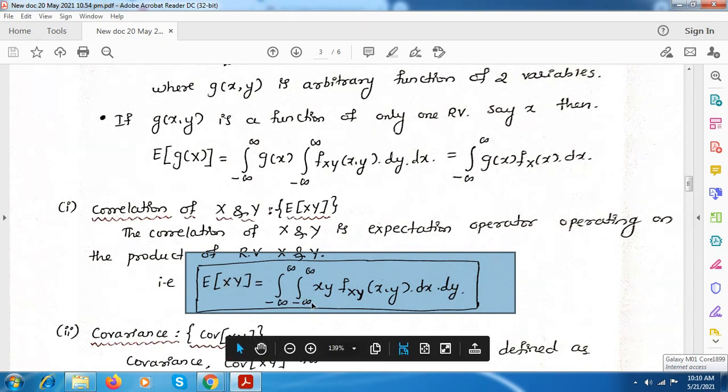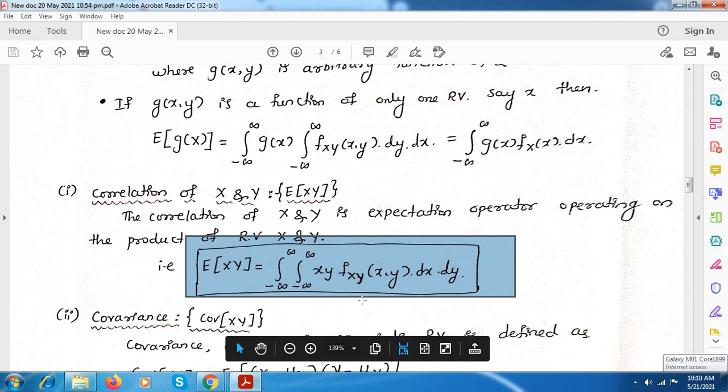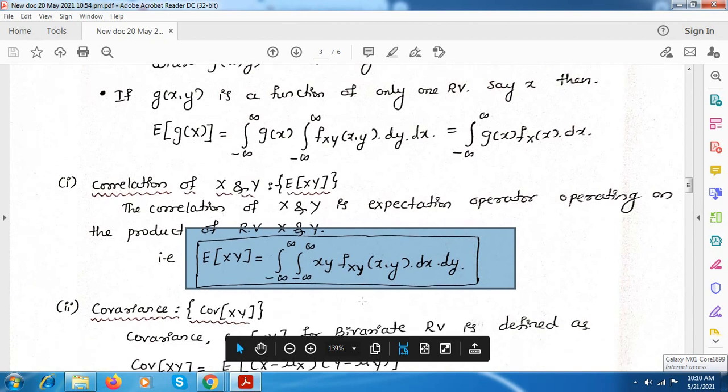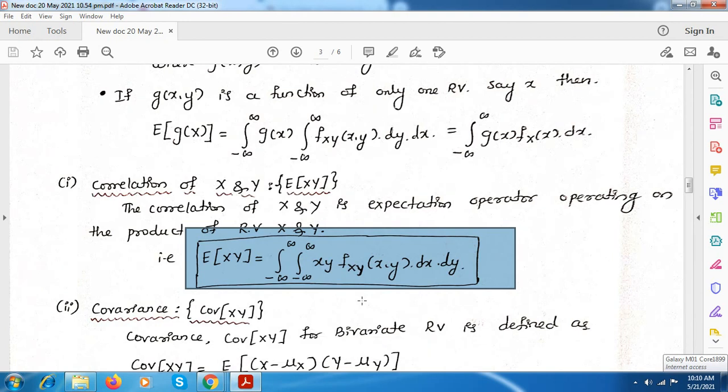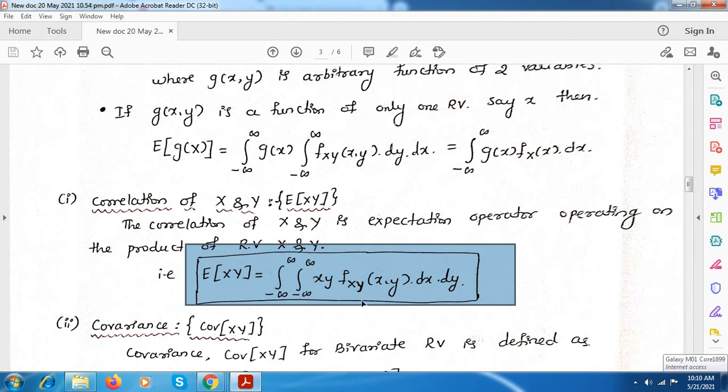Here it is double integration, and here also two random variables. In the first module, we used to take the mean value E of x. Here it is for the two random variables. So we see the correlation between both those random variables.